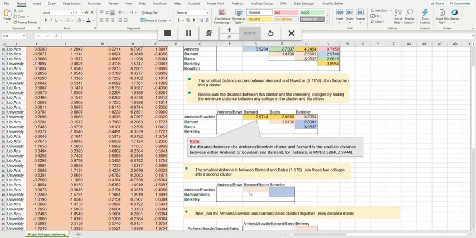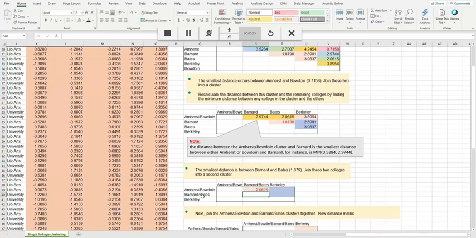And because it is single linkage, again we look at the minimum. So we look at the Amherst-Bowdoin cluster and Bernard, 2.9, and we look at this cluster and Bates, 2.06. So the minimum is 2.06.